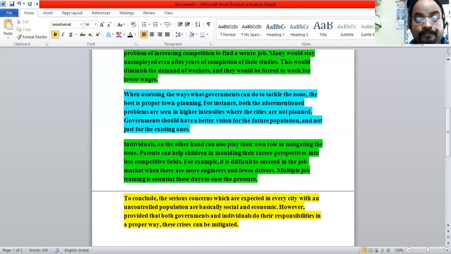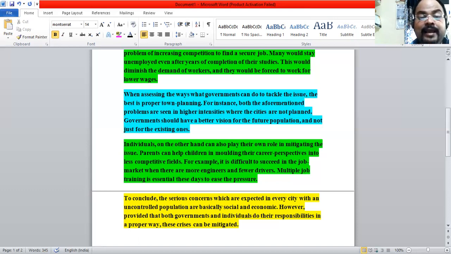So one, individuals can. So you can say it's difficult when there are more engineers and fewer drivers, it's difficult to succeed in the job market.